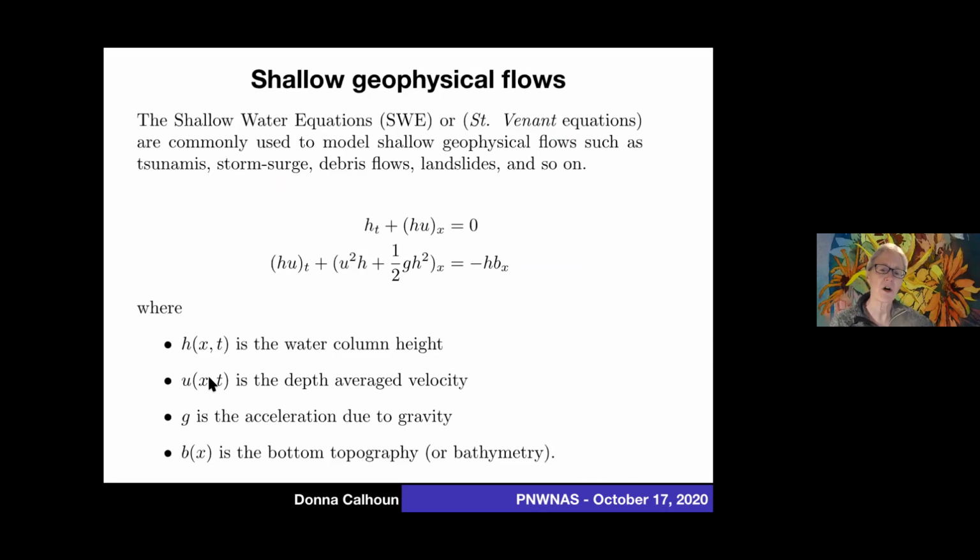H is the water column height. G is the gravity term. And then, typical in these equations, we include a bathymetry term, or bottom topography, the shape of the bottom of the ocean.